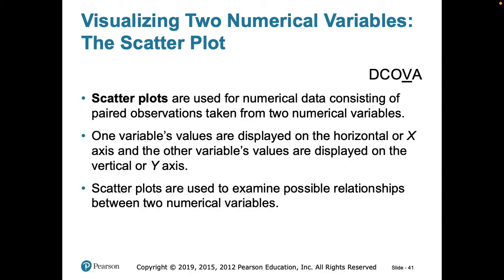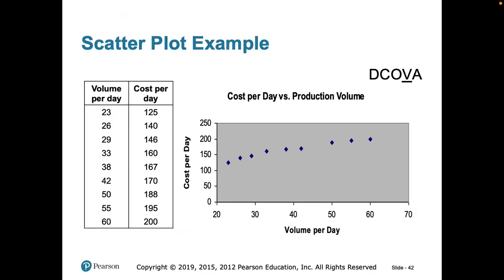So let's look at an example to make sure that we got this. We have the volume per day and the cost per day for this data here. The first point is 23, right? The volume per day is 23, so the cost per day is 125.